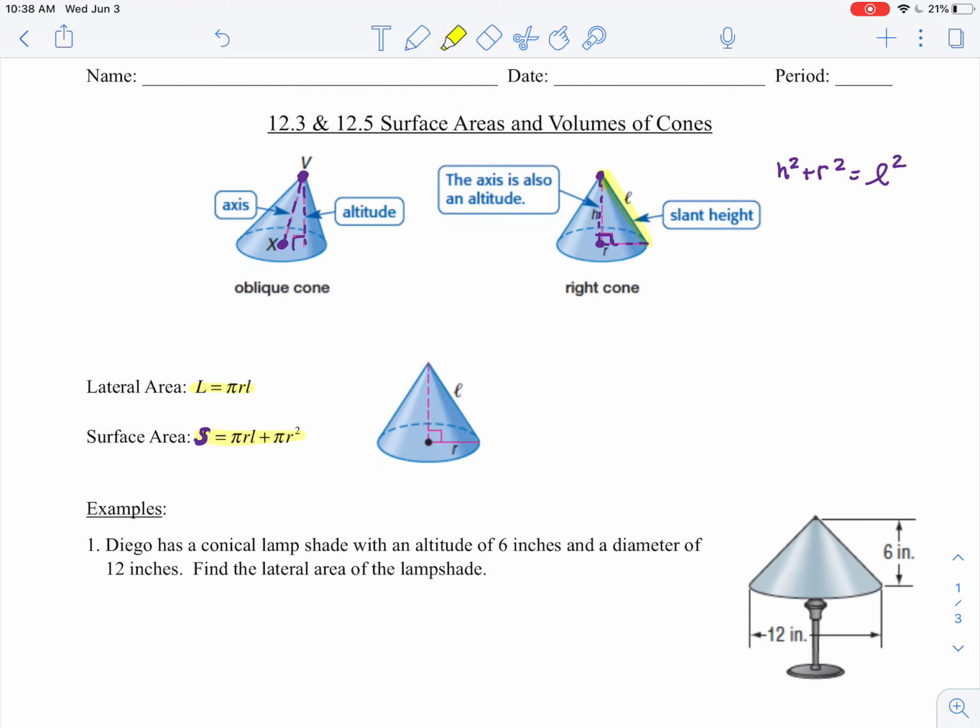So for a cone, if we calculate the lateral area, we're just calculating this curved portion. So think about an ice cream cone. If you needed to know how much waffle to create an ice cream cone, you would find the lateral area. If you were to create some sort of conical container and then put a lid on top, that's where you would need to know the surface area, covering all of the sides.